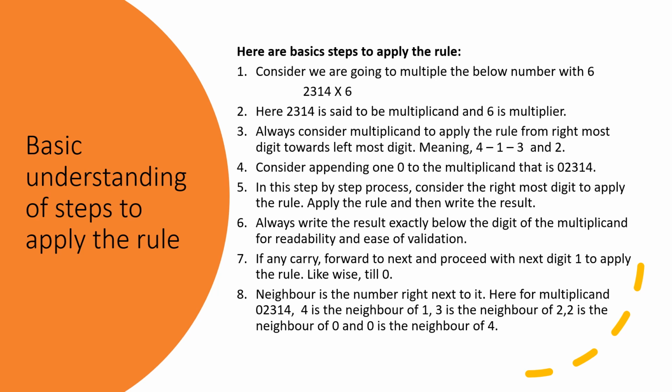And as we know, neighbor is a term which we'll use in this method, and neighbor is a number right next to it. So here, 4 is a neighbor of 1, 1 is a neighbor of 3, 3 is a neighbor of 2, and 2 is a neighbor of 0, and there is no neighbor for 4 in this case.